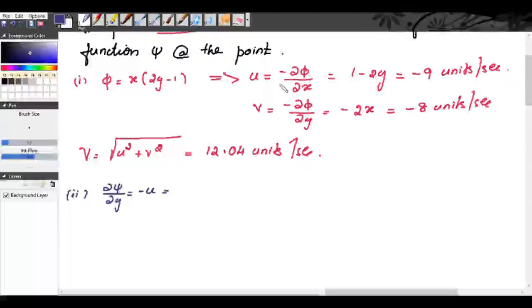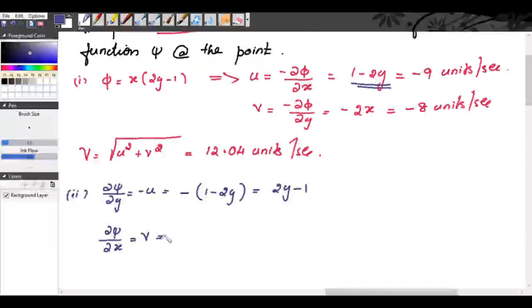So u is nothing but 1 minus 2y, so we get 2y minus 1. Similarly, we know dou psi by dou x is equal to v. So we know v is equal to minus 2x.